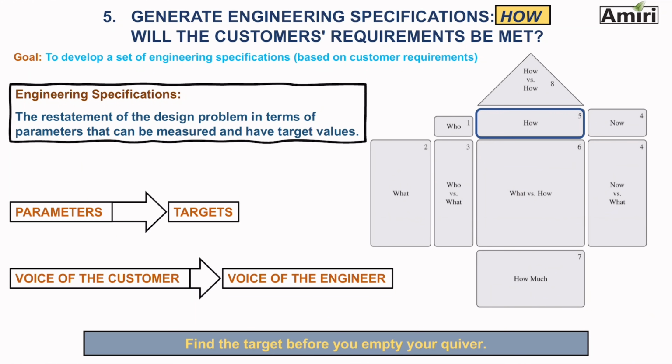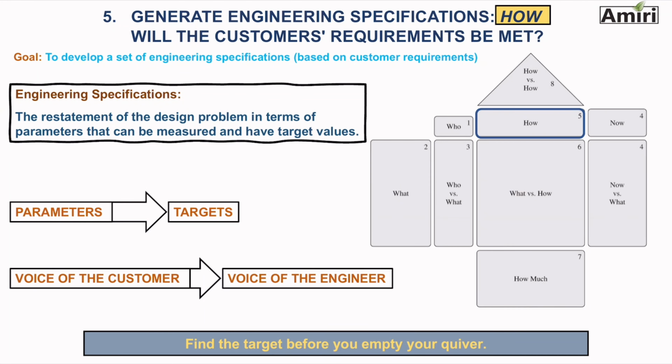Going to step 5, generating the engineering specification, which was the whole goal of this lecture and this method. That's the room under the roof, section 5. We talked about engineering specifications a little bit, but this is another description of it: the statement of the design problem in terms of parameters that can be measured and have target values.